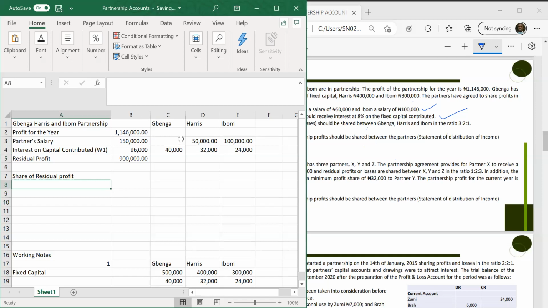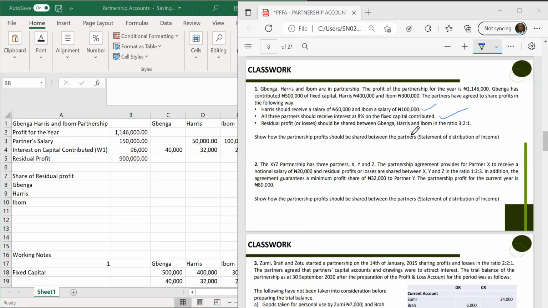So what we are going to do is the same names that we have here, write it down on this side in the same way, Aris and Ibom. When you have it there, I'm not sure if there are mathematics students among you guys, but you know that when you want to do ratio, the first thing to do is to sum everything together.